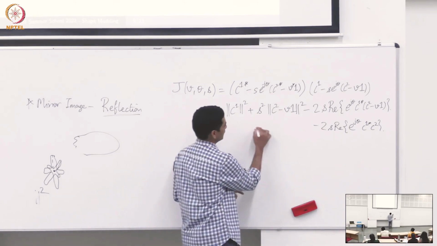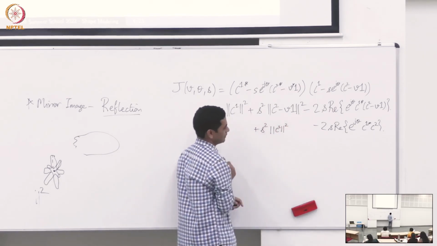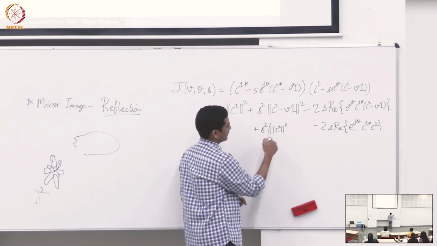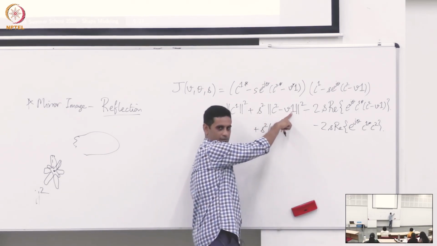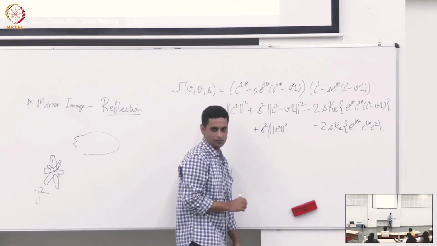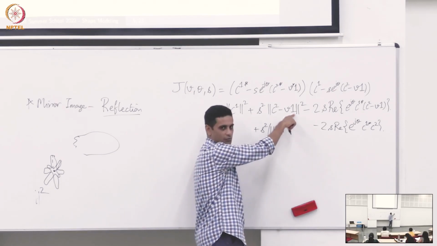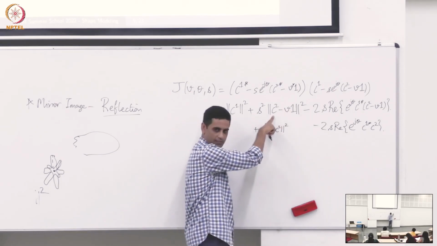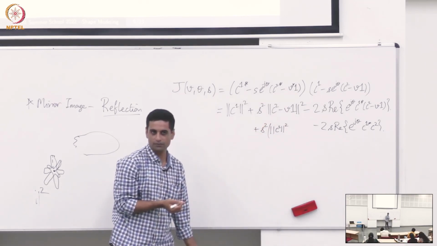Norm C2 squared, then minus C2 star V1, that is 0, and V 1 star, so 1 transpose C2, that would also be 0.